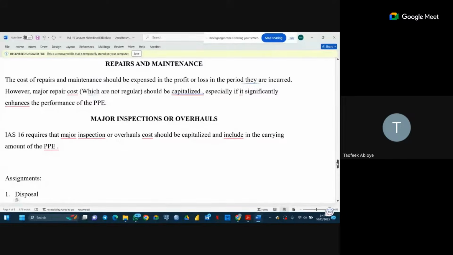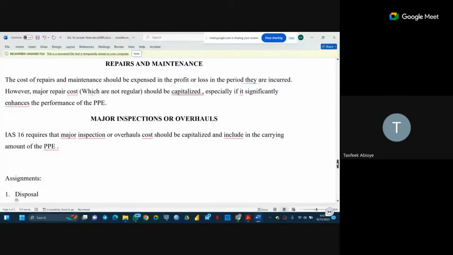Still speaking to what we just discussed above, a major repair that is going to improve or increase the lifespan, that is going to improve the performance, that is going to improve the usage, the deliverable of such assets, that particular kind of cost should be capitalized. So IAS 16 requires that major expenditure should be capitalized and included in the carrying amount of the PPE.